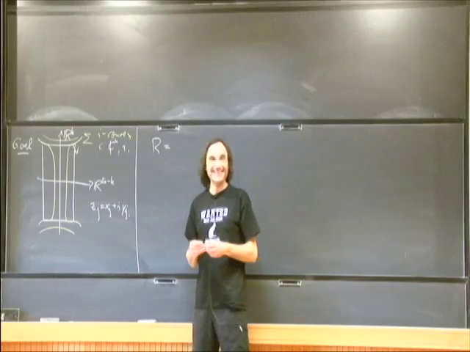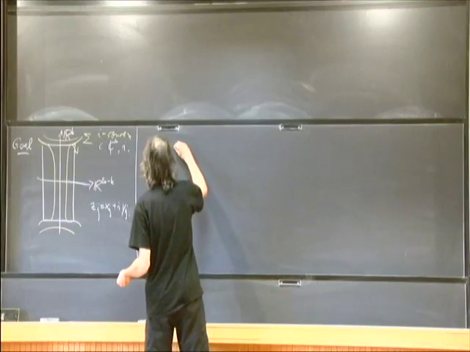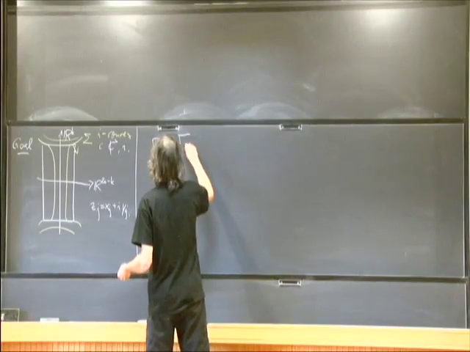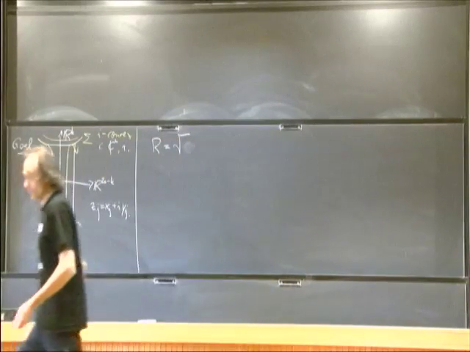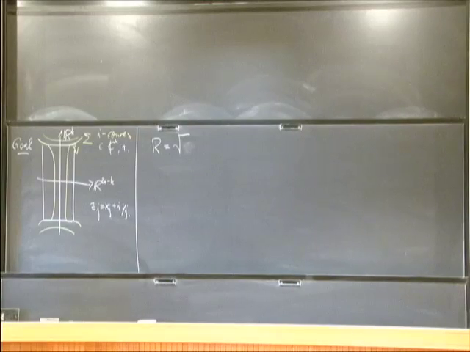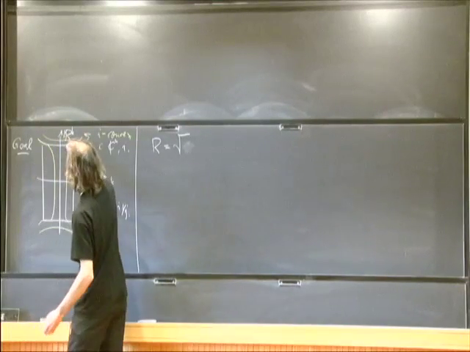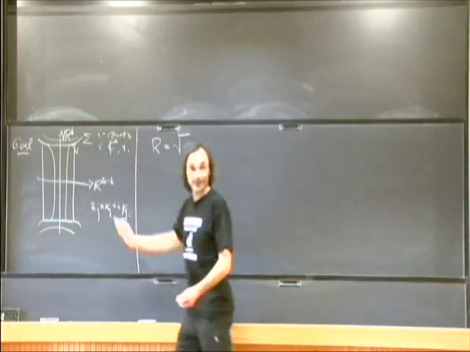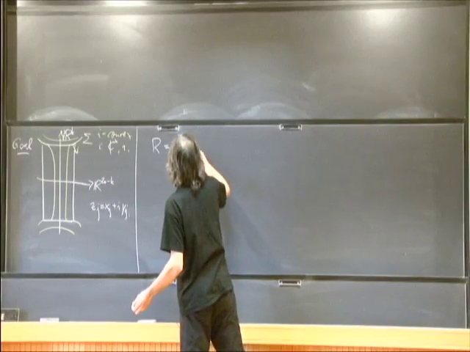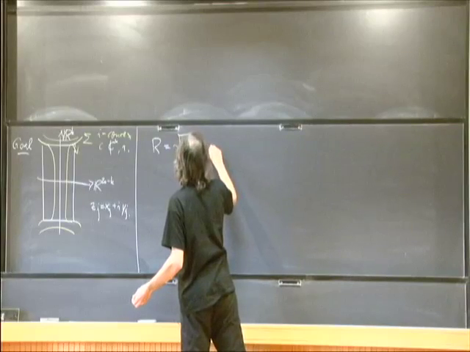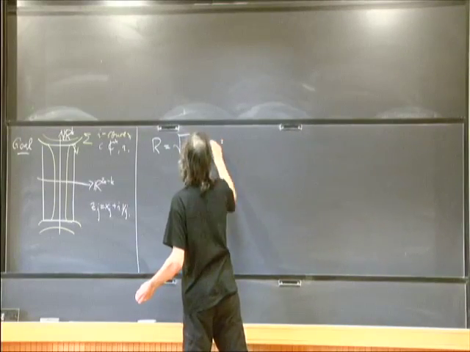So actually, I think I'm used to drawing pictures such that this is the imaginary direction. So this is y_1^2 all the way up to y_k^2.